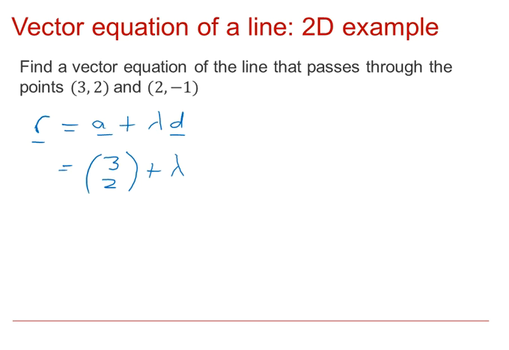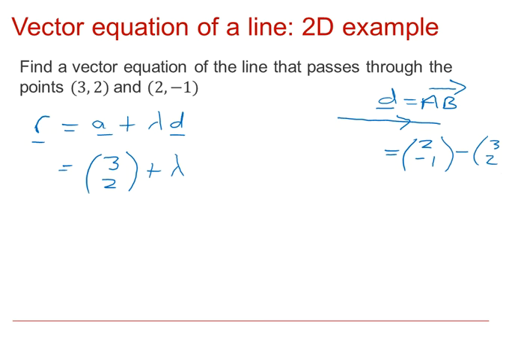Now if we think of d as being the direction vector AB, between those points A and B, we can see that that direction vector will be (2, -1) minus (3, 2). In other words, (-1, -3).